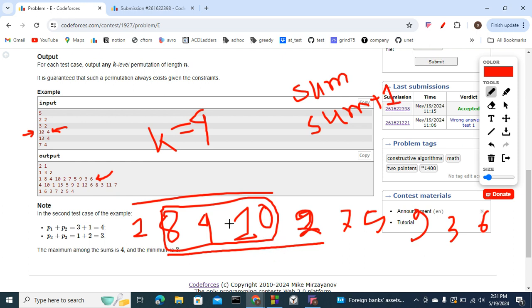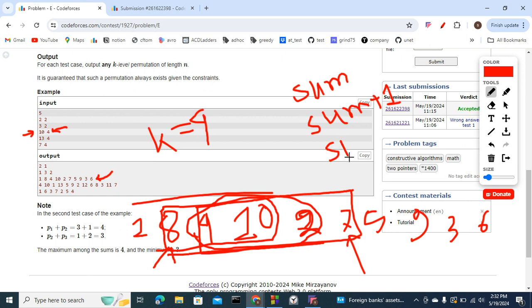Now if we consider the next segment, these three elements are the same. The only difference is in this element. Here it was 8, but here it is 7. So the sum will decrease by 1. So here it was sum plus 1 and now it will become sum.